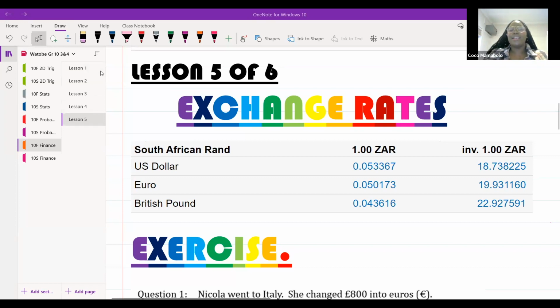Mawande, do you want to add? Tell me, what do you know about exchange rates? To put it into simple words, it's how much one currency is compared to another. For example, 1 rand is 0.5 cents in American dollars.